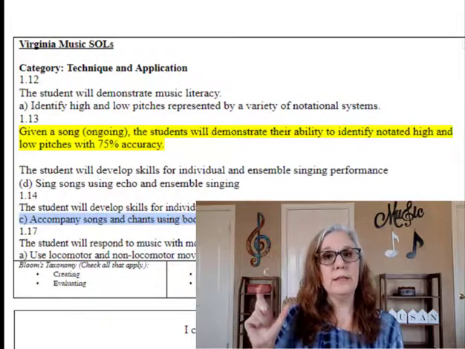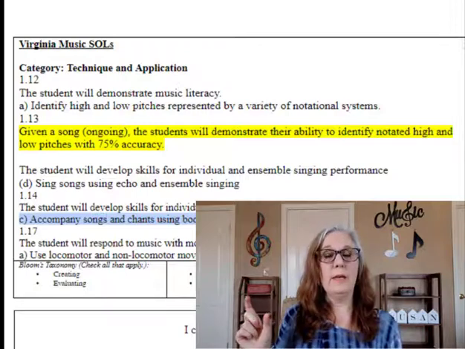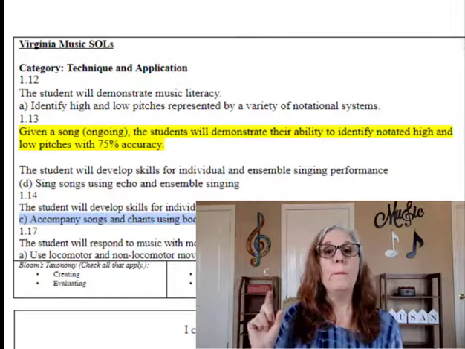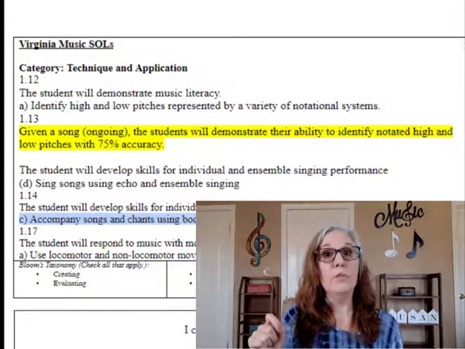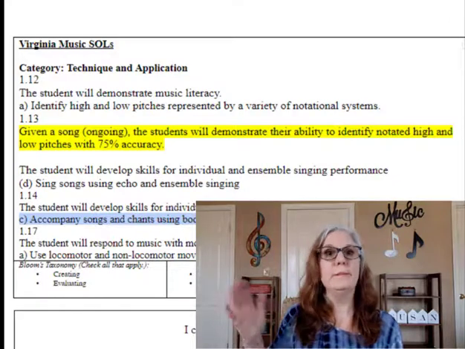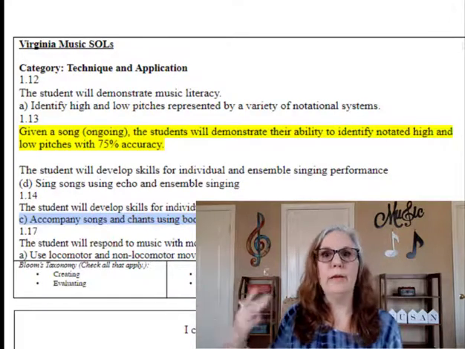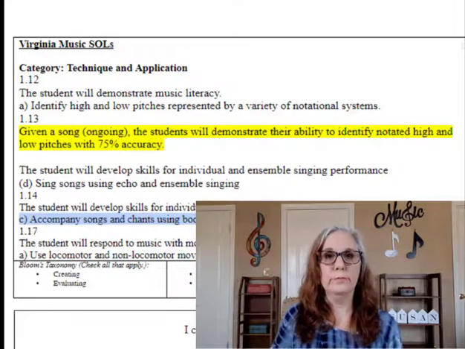So that is why there's that 75% accuracy at the end of the objective that I wrote up there. But this objective is not going to be assessed in every single class time. However, this objective might be around for several class times and might be assessed on class number 10 or 11 or whatever. So that is how you write a behavioral objective.